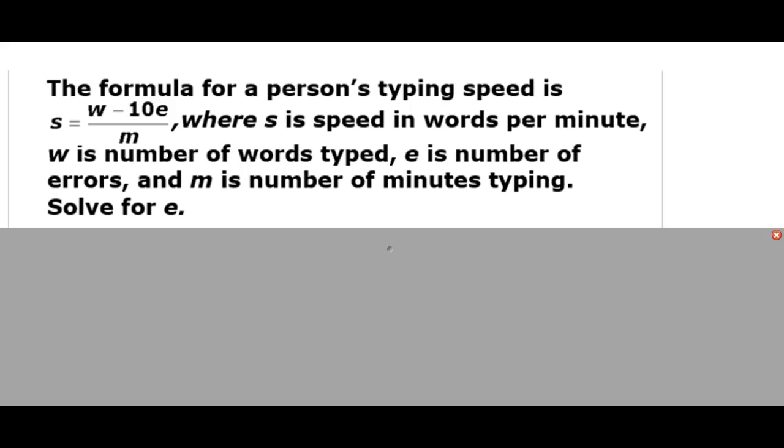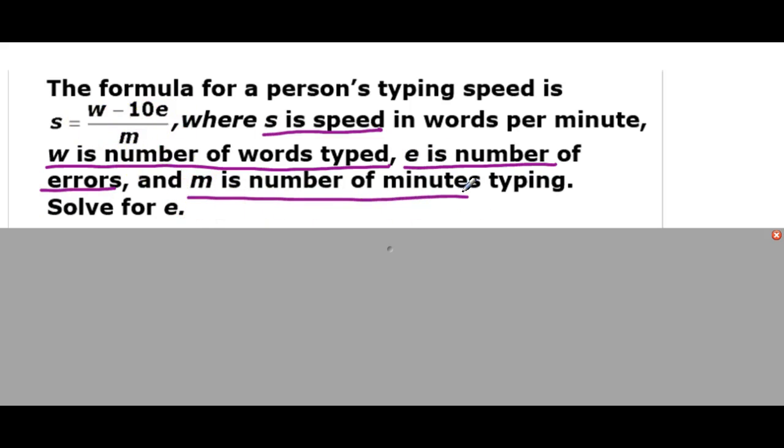Now, it doesn't make any difference how complex the equation is. It doesn't make any difference whether you understand what the equation says or means. In this one, it says the formula for a person's typing speed is S, where S is speed, is equal to W, the number of words typed, minus 10E, E is the number of errors or mistakes, divided by M, and M is the number of minutes.